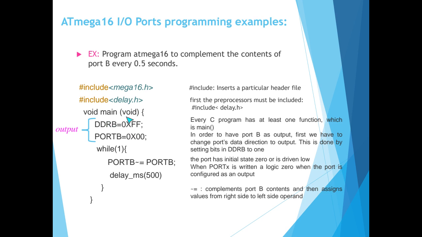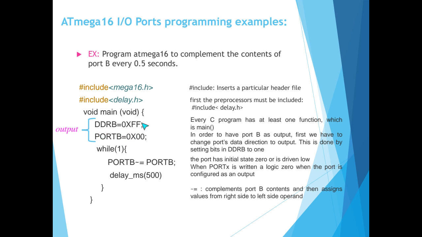And because I used a 0x hexadecimal number, I use double F. Each F in binary is equivalent to 4 ones. Then, as you see, I configured port B as output: DDRB equals 0xFF semicolon.